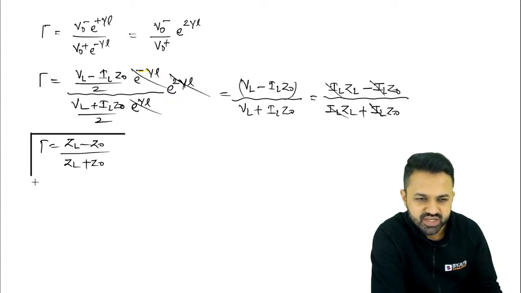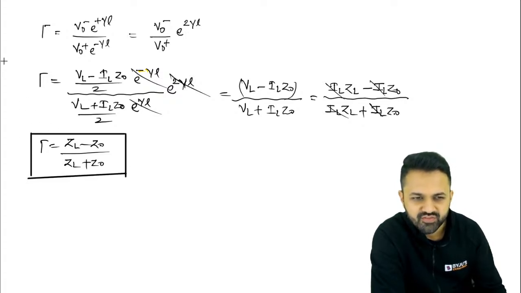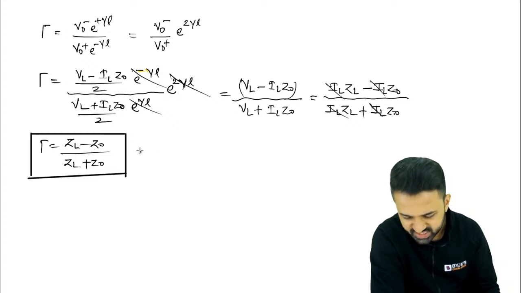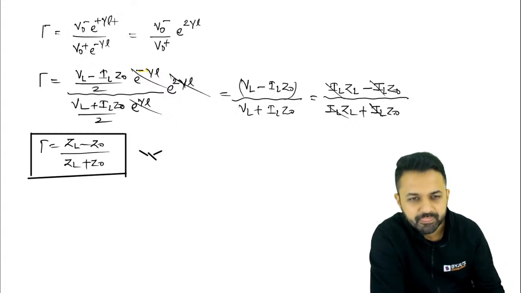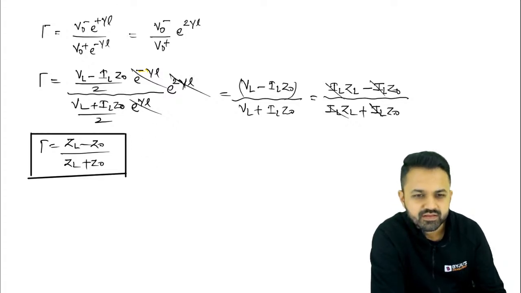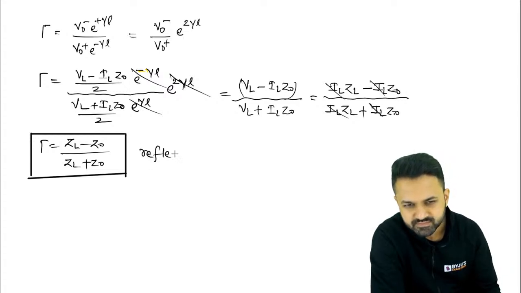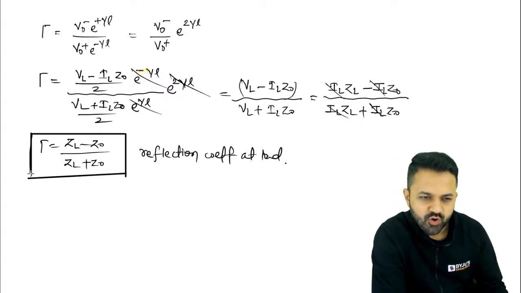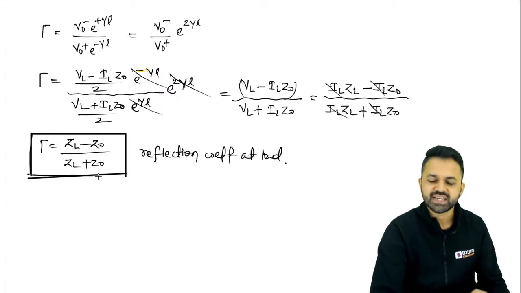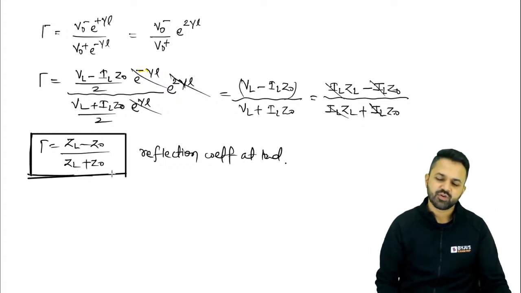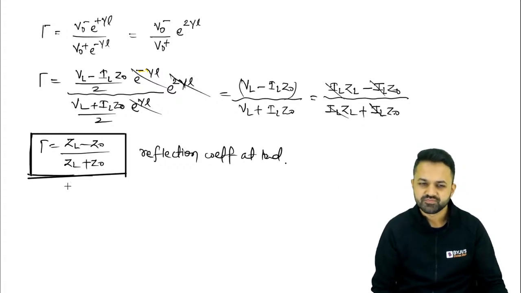And at which point have we calculated this reflection coefficient? This reflection coefficient is at the load. Now, suppose you want to calculate the reflection coefficient at any distance L dash from the load, then what will be the value?